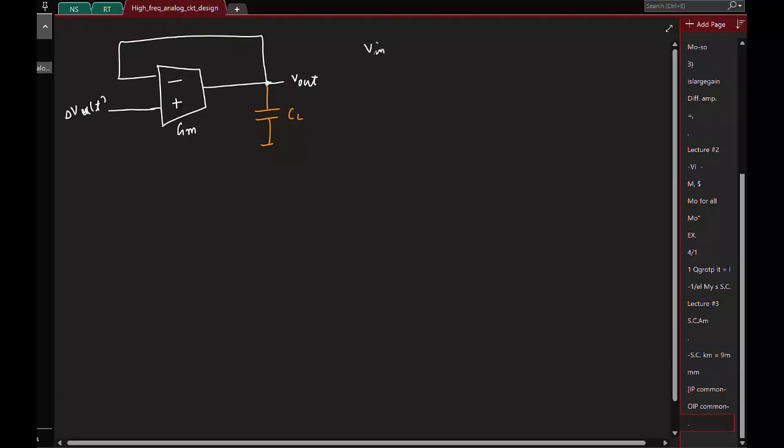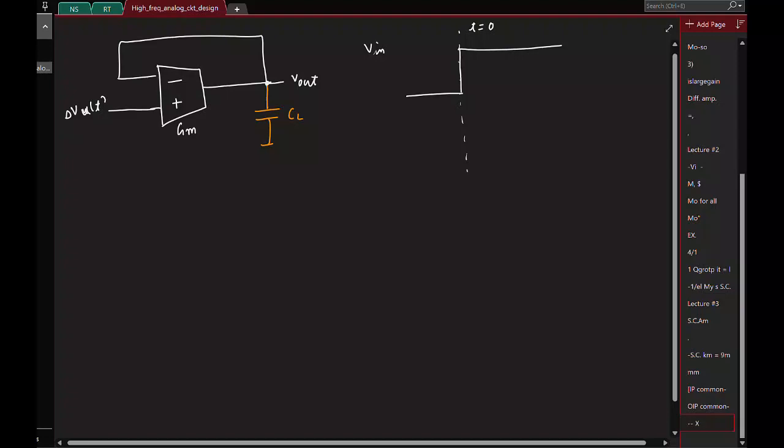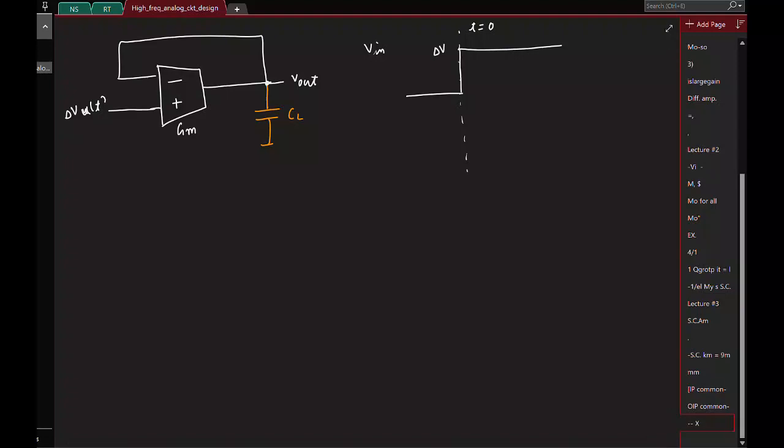If I sketch the input, it's going to look like this. This is t equal to 0, and at t equal to 0 the input is stepped up to delta V. Remember, for now assume this is an ideal OTA, so it has infinite output resistance.